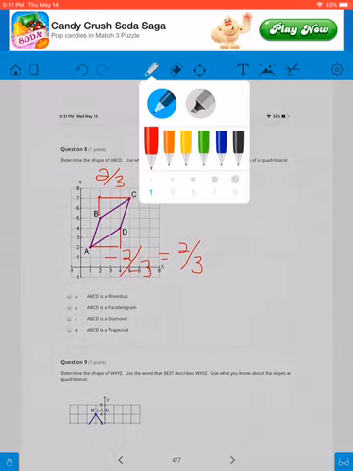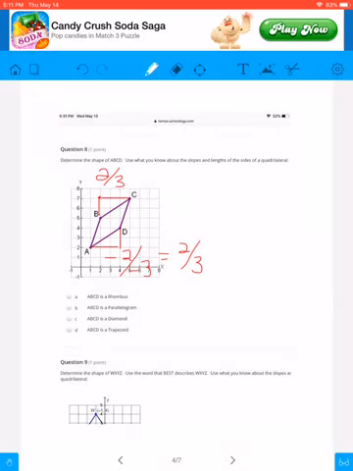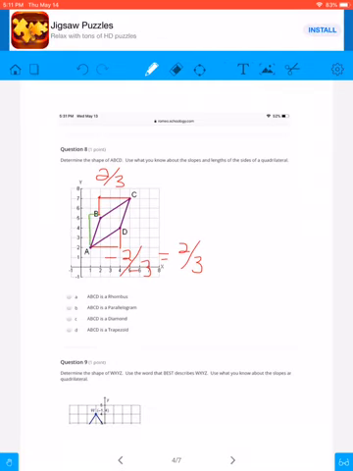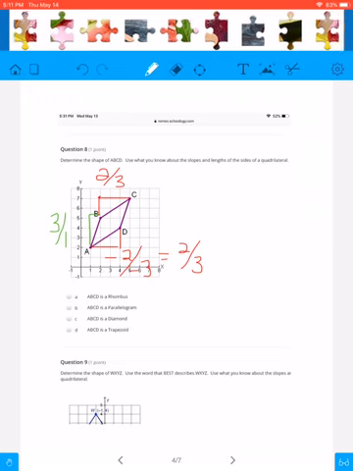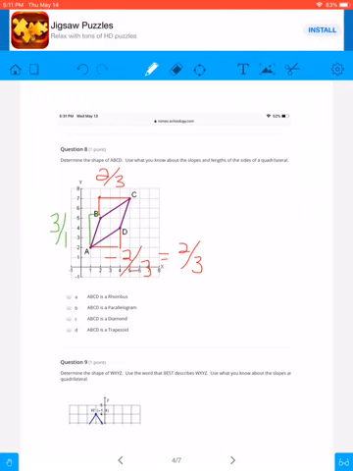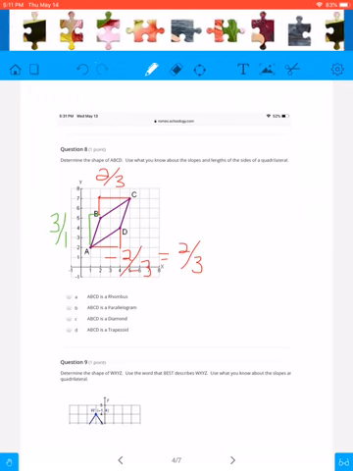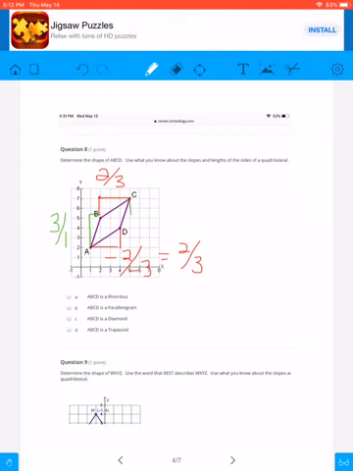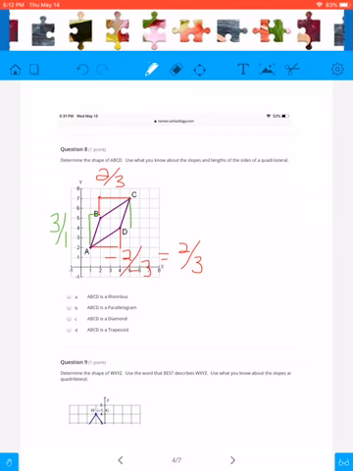Now we have to find the slope of the left and the right. So now we need to go from A and we rise up 1, 2, 3 and run over 1. So this would be 3 over 1. And then we want to do the same thing with C to D, but we're going to go down 3 and left 1.